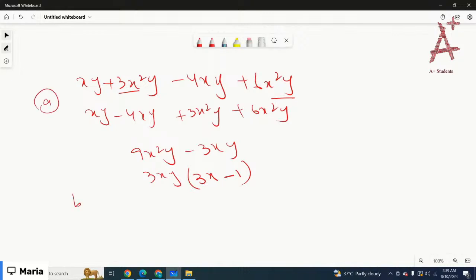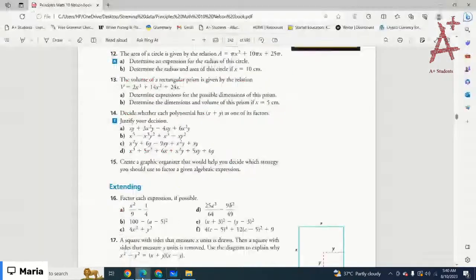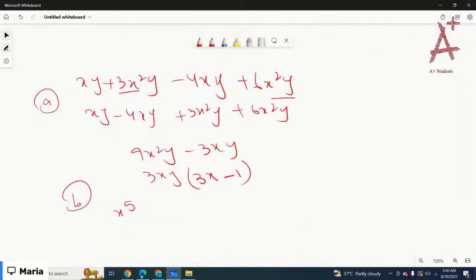Okay, look at the B part. That is x to the fifth minus x cubed y squared plus x cubed minus xy squared. Let's take x cubed common here.